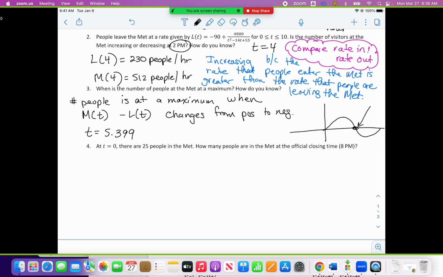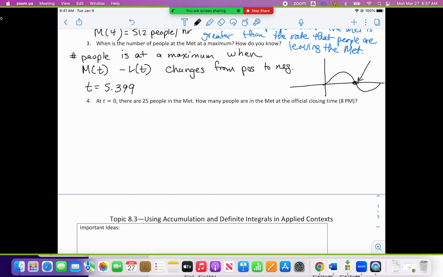So if I wanted to say what time that was, I think t equals 5.399 is just fine. How do you know? I think we have it explained there. The number of people is at a maximum when m of t minus L of t changes from positive to negative.